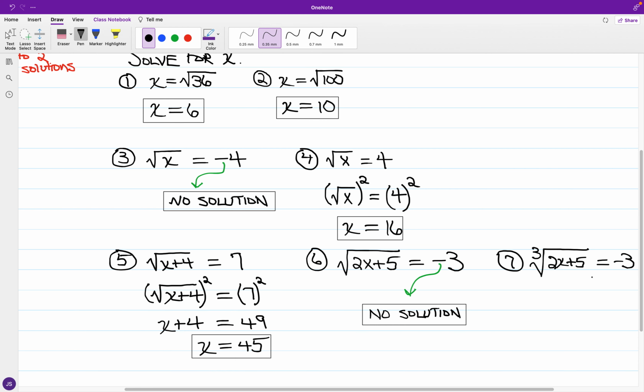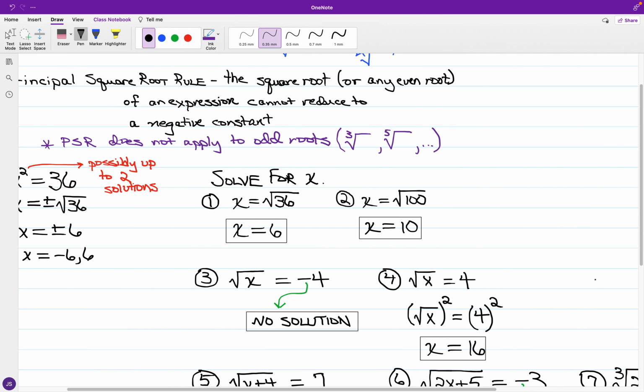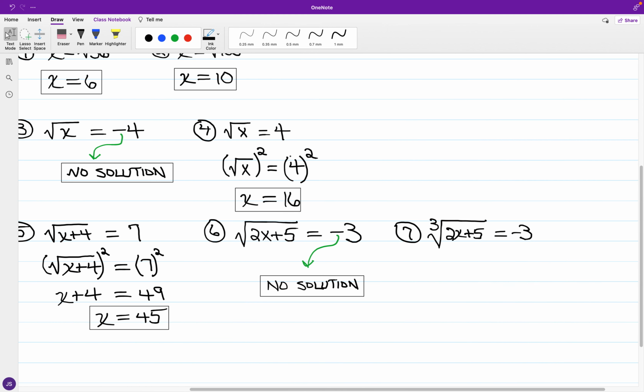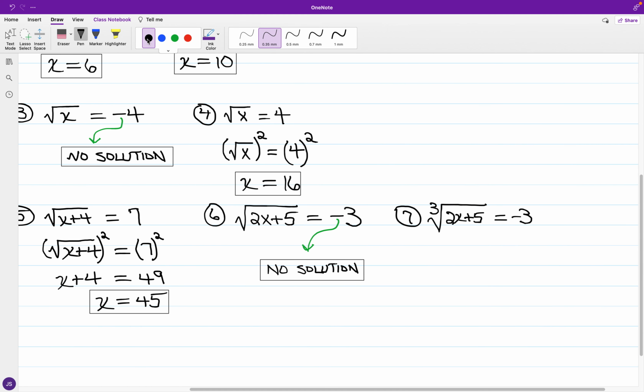Now one might be tempted to say, well, I got a negative constant on the right, so there'd be no solution. But looking at the index number, that is going to be 3. And again, the principal square root rule does not apply to odd roots. And here we have a cubic root. So there's no violation of the principal square root rule since I'm dealing with an odd root radical.